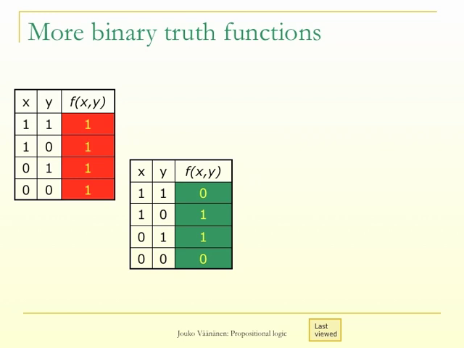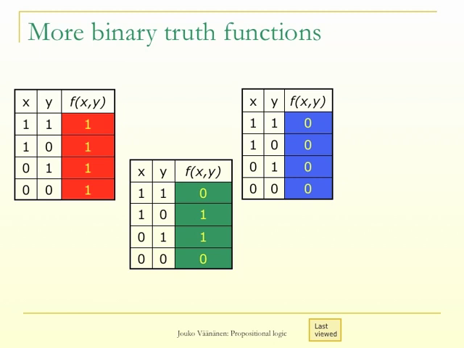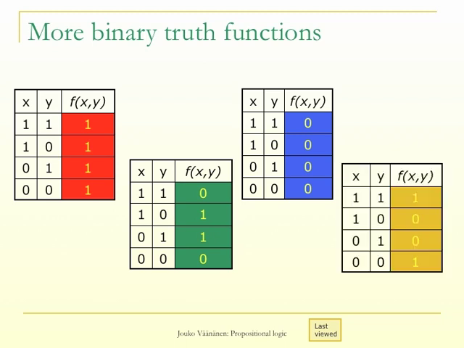The third truth function is again a constant function, this time constant 0. Again, we leave aside the question how interesting this function is, because from a mathematical point of view, all functions are equal. Our fourth truth function may look familiar. This is the truth table of the connective equivalence.